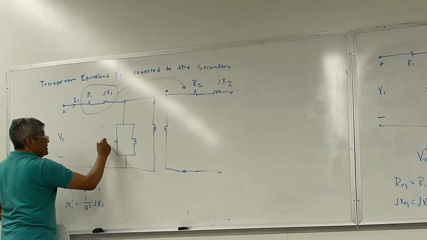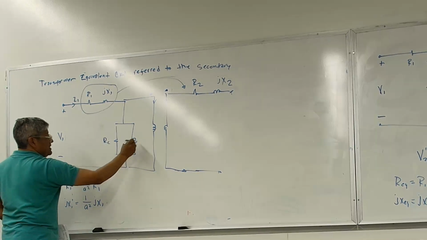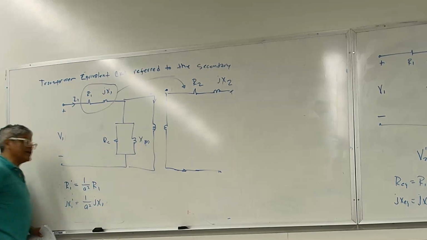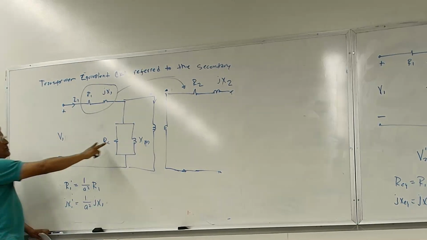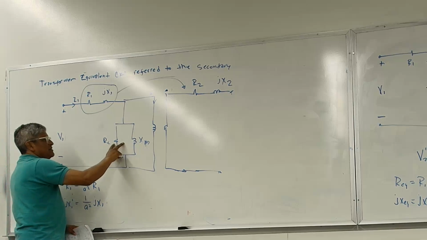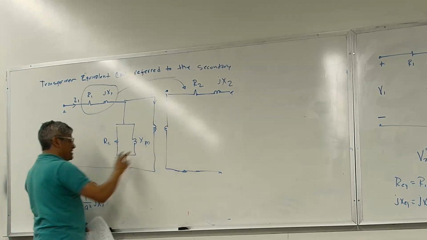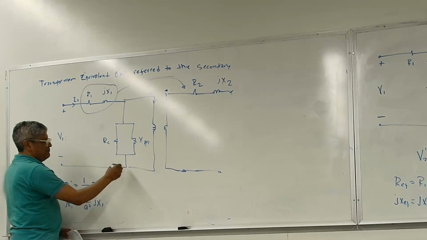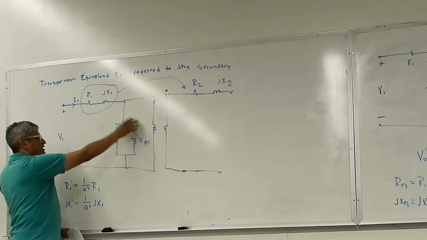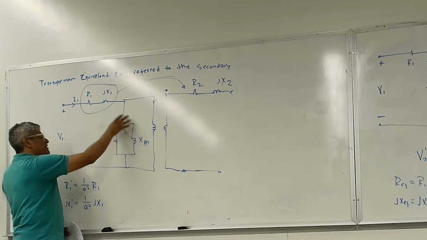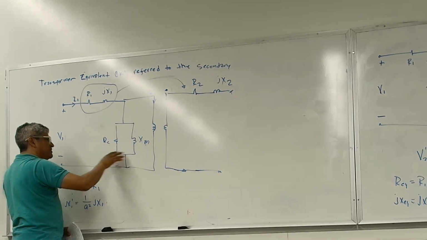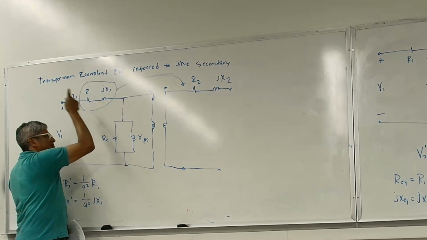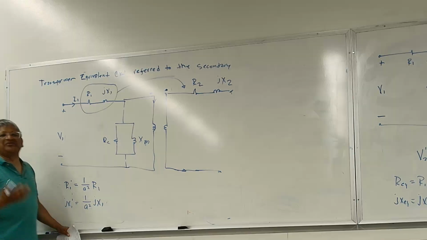Here's R, C, and XM. You can transfer this branch to the secondary side the same way, 1 over A squared, but for the most part, the magnetizing branch is often left on this side, and because we are going to be working on steady state analysis, we're going to be ignoring that, so it doesn't really matter.